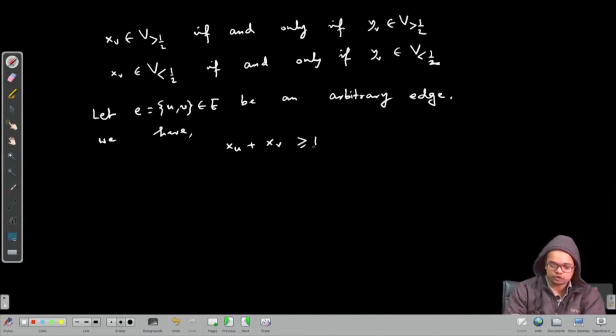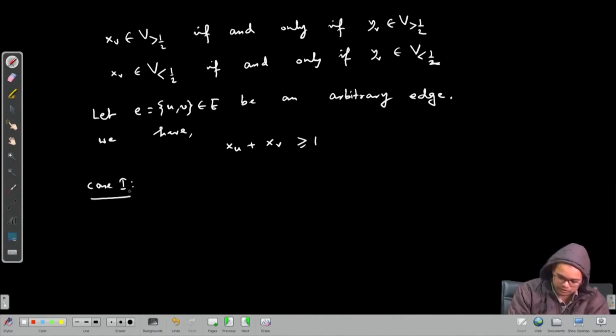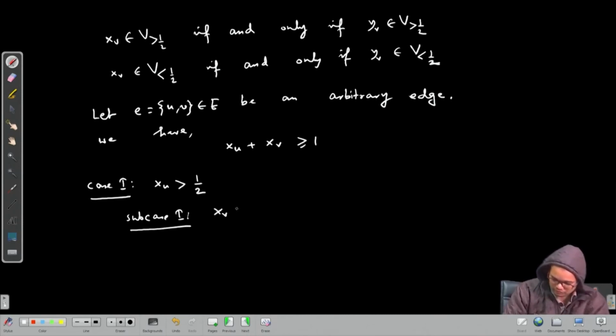So what are the possible cases? Case 1, x_u is greater than half. Then sub case: x_v is also greater than half.